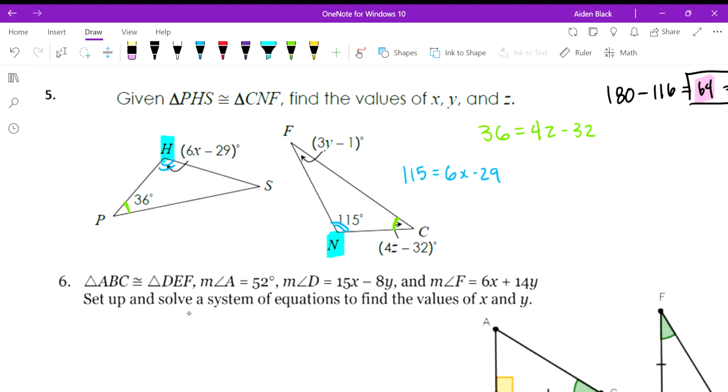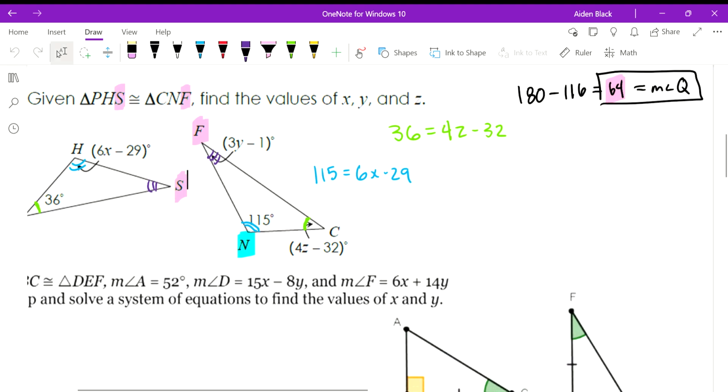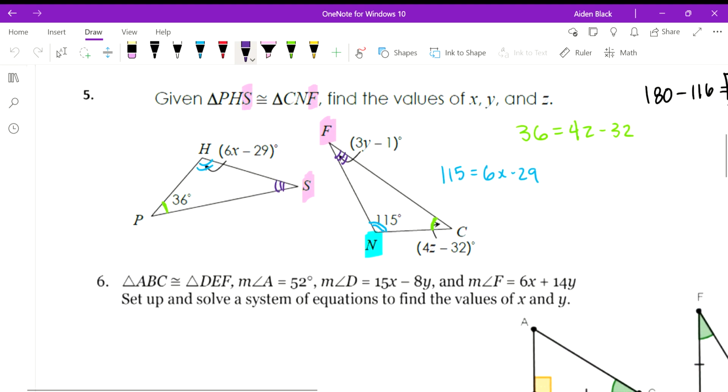And then finally, angle F and angle S go together. Here's S, here's F. Okay, the problem here is I don't have the measure of angle S. Kind of need that to help me solve for the value of y. So I'll stop right there and I'll solve these, because if I solve these, I'll know the angle measures of the other triangle parts. Well, actually I already do.